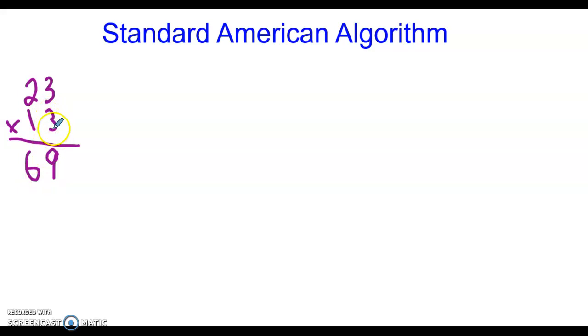So since I already multiplied the ones place value, I'm going to put a 0 here. No parking. You can't come back. I've already multiplied the ones place value. Now I'm going to go to my tens place value on my bottom number. And what this is really like is multiplying 10 times 23. That's why we have that 0. Okay? So I know 1 times 3 is 3.